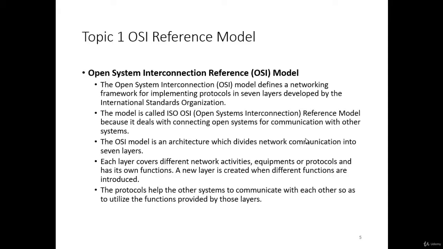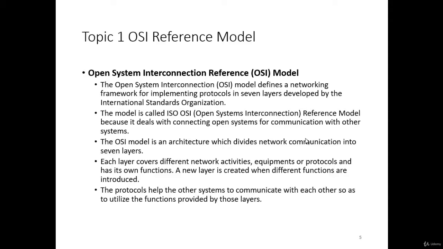The OSI model is an architecture which divides network communication into 7 layers. Each layer covers different network activities, equipment, or protocols and has its own functions. A new layer is created when different functions are introduced.